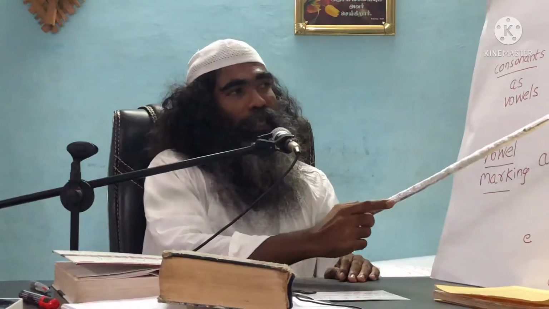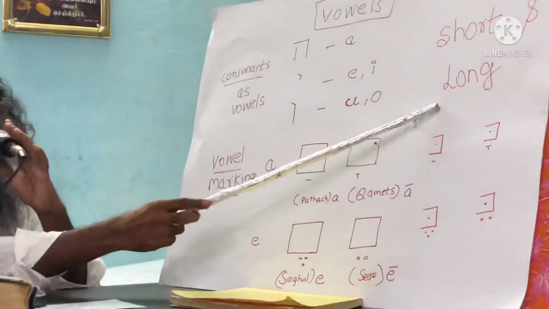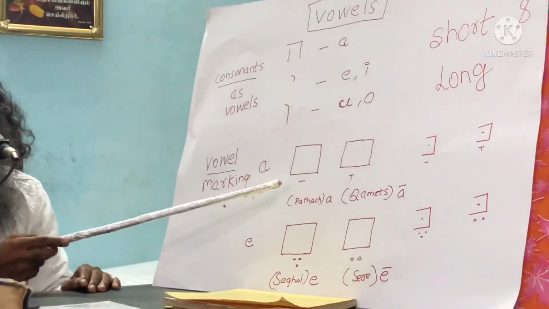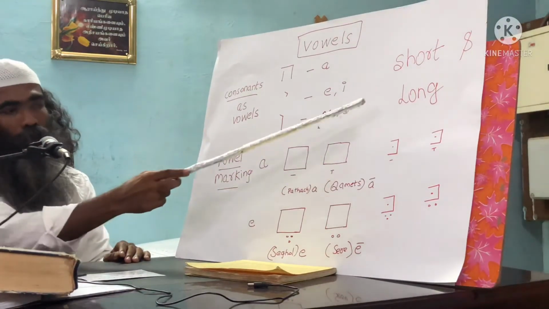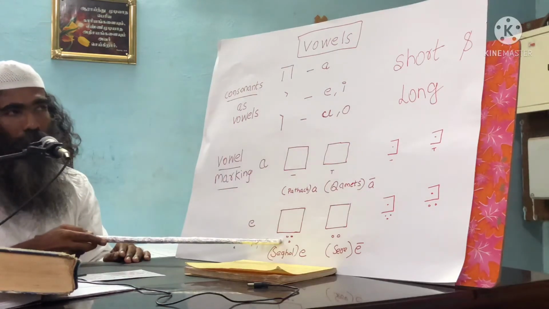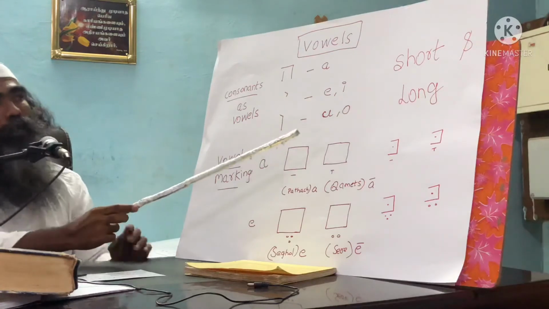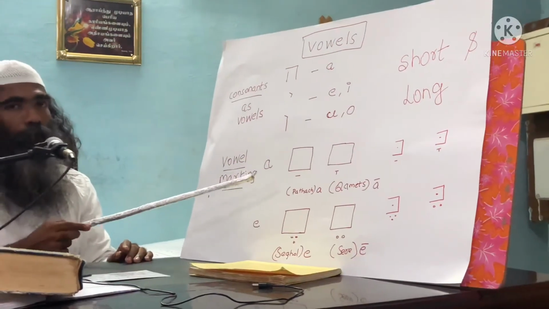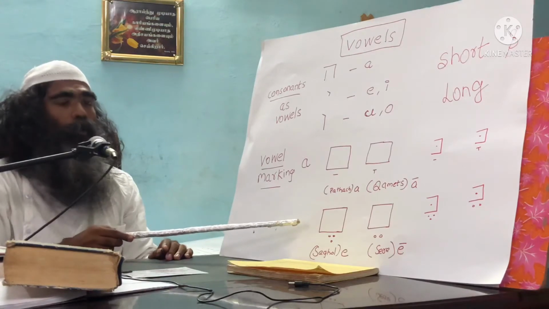Now we have studied vowels, short vowels and long vowels. Short vowel is ba, ba. Ba is long. Be, short. Be is long. Similarly, be, be. Bo, bo.